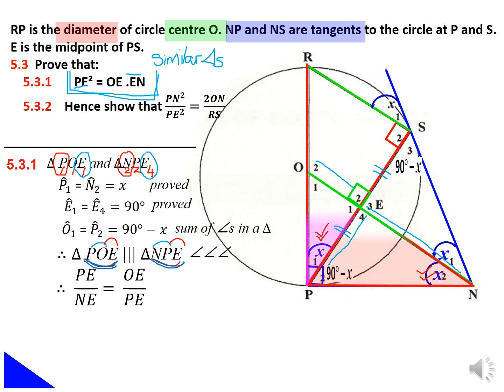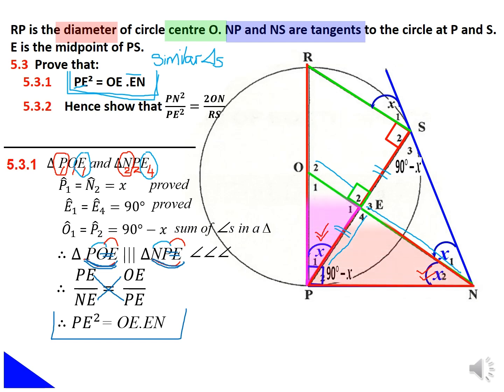This is equal to OE, O to E, divided by P to E. Those are my two fractions. Then I cross multiply PE times PE and NE times OE. It gives me PE squared is equal to OE multiplied by EN. By doing that, my expression has been proved, the question has been answered.